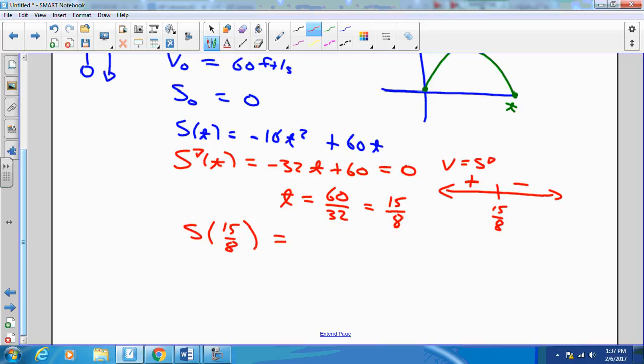So S of 15/8 is this number, which I forget, we worked it out in the other class. Somebody want to get that number for us?